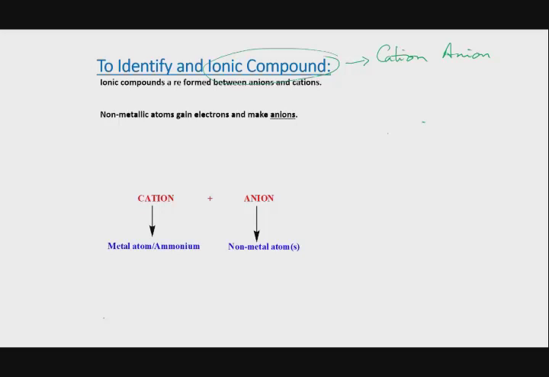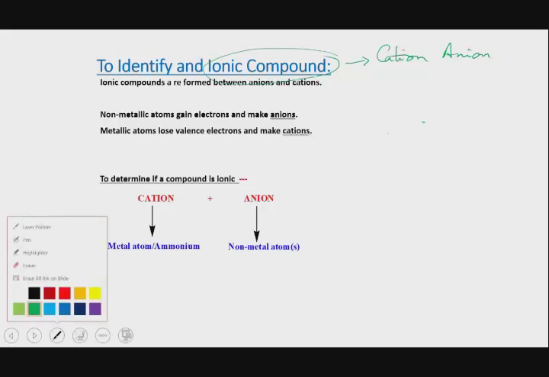Now, non-metallic atoms will always make anions if they are combining with metallic atoms that make cations, so you do have to keep that in mind. To determine if a compound is ionic or not, look for a cation, because if there is a cation, there will be an anion. But if there isn't a cation, there cannot be an anion.